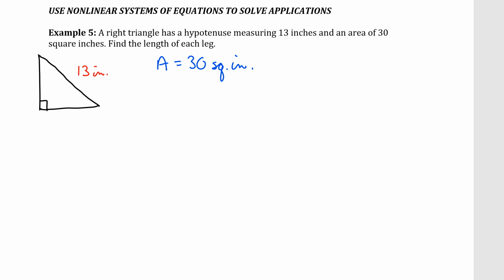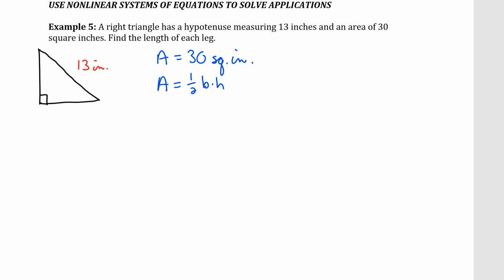So part of this tells me I have to know how to find the area. Well, remember the area of a triangle is 1/2 the base times the height. Well, my base is here, my height is here. I don't know either one of those. But I do know the area, and the area is 30.